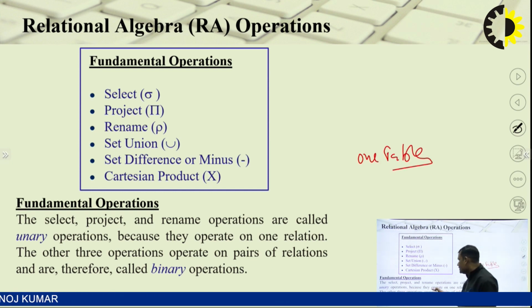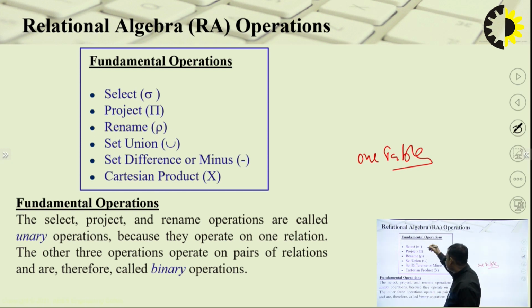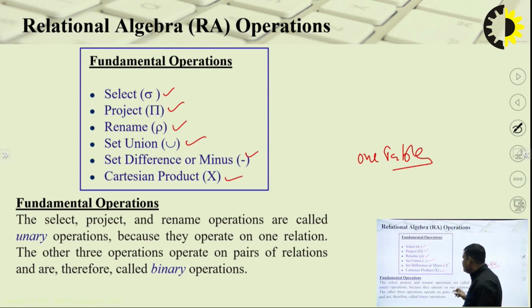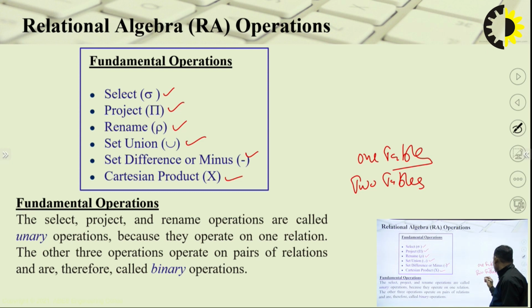Set difference, union and Cartesian product are binary operations, used on two relations or two tables.